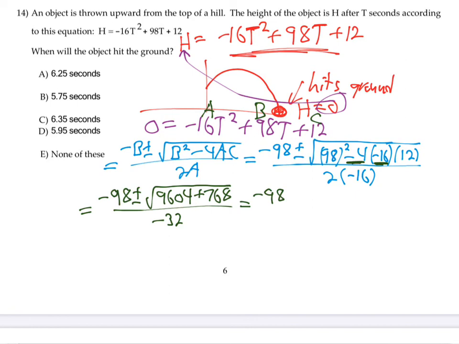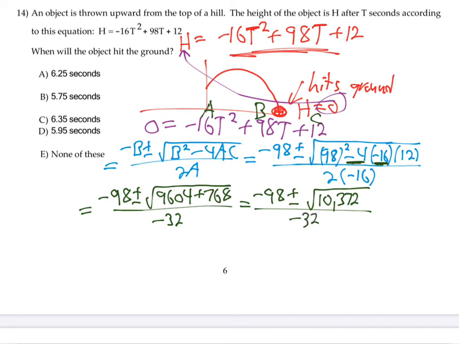And this will be minus 98 plus or minus the square root. I don't know what that is. Let's use my calculator here. I'm getting 10,372 all over negative 32.